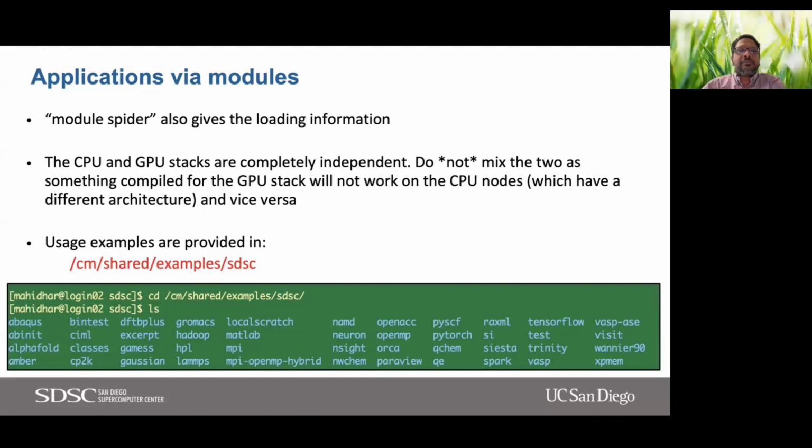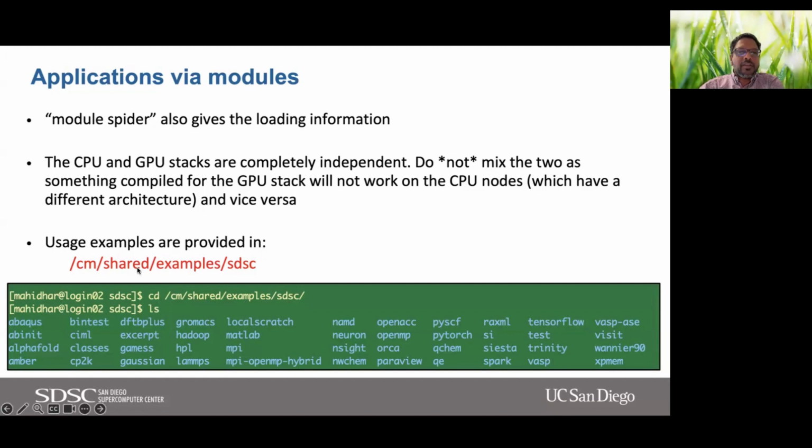And then if you try to run that on an AMD machine, which only supports AVX2 (256), you're going to have problems. So the key thing to keep in mind is do not mix the two. This typically happens because people look at module spider and say, oh, I need this package, but it's not in the CPU stack, it's in the GPU stack. So they try to mix the two, and then it doesn't work.